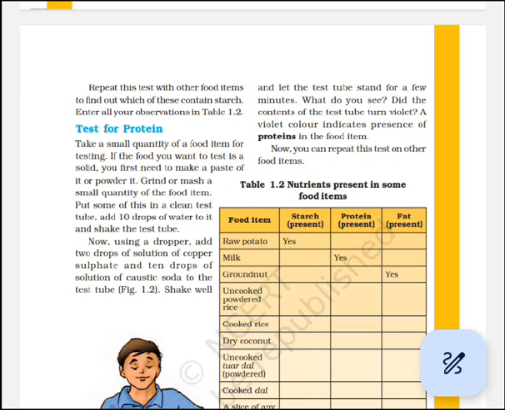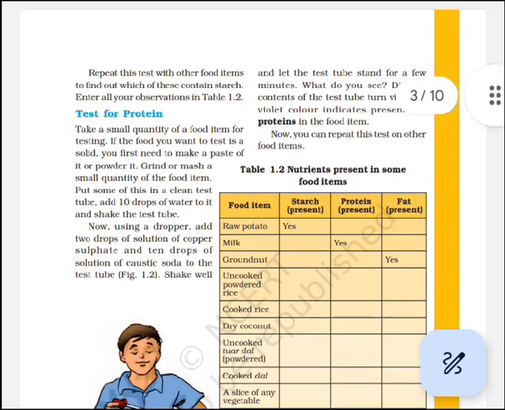Now, using a dropper, add 2 drops of solution of copper sulfate and 10 drops of solution of caustic soda to the test tube. Shake well and let the test tube stand for a few minutes. What do you see? Did the contents of the test tube turn violet? A violet color indicates presence of proteins in the food item. Now you can repeat this test on other food items.